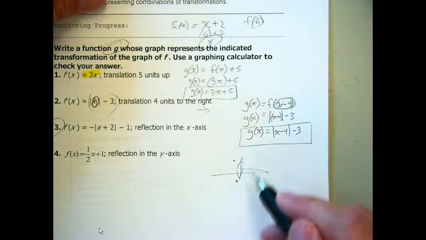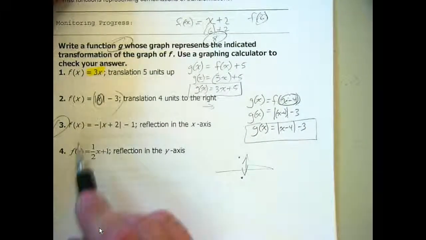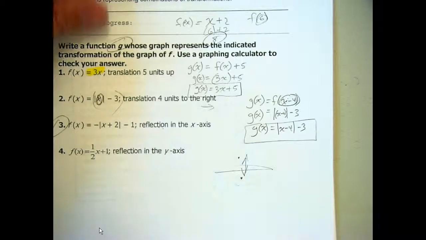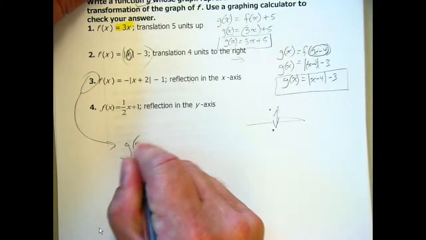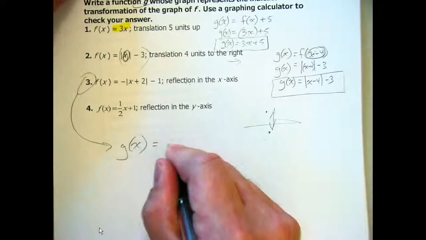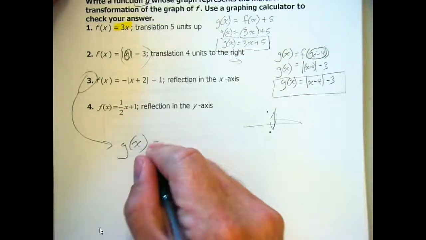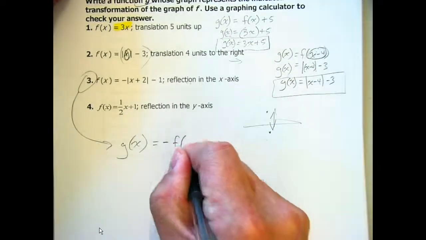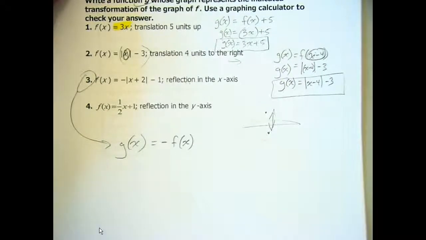The x values are staying the same, which means it happens on the outside. So if I'm doing a reflection in the x-axis, for number 3, g of x is equal to negative f of x.